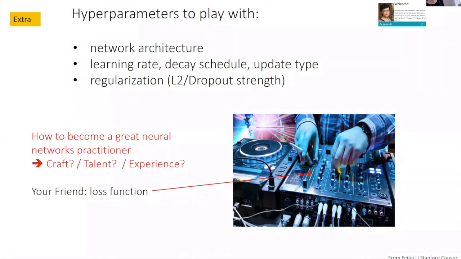And the last thing I want to emphasize is, the hyperparameter tuning in the deep learning or neural network family is extremely difficult. Because you have just so many to tune, right? You need to select network architectures, you need to select learning rate, the type of optimization, what is the update type, what is the decay type, what is the regularization.